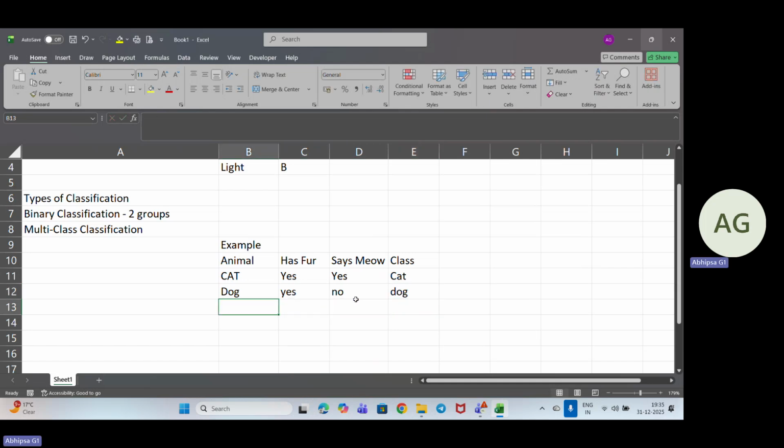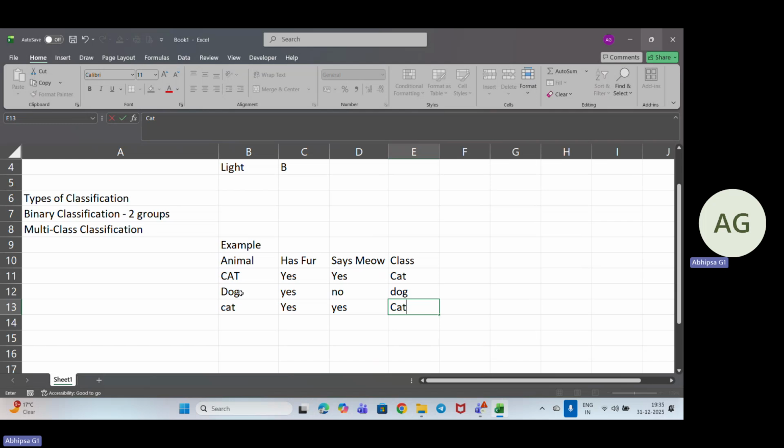Again, we are taking another cat. Fur yes, meow yes, cat. Now, after seeing many examples, the child learns that if it says meow, then it comes under a cat class. The model will learn in the same way.